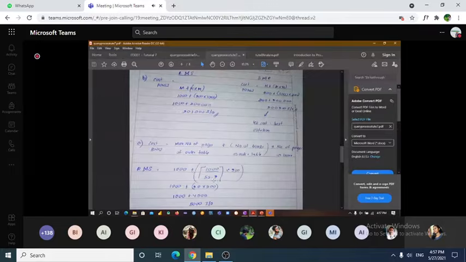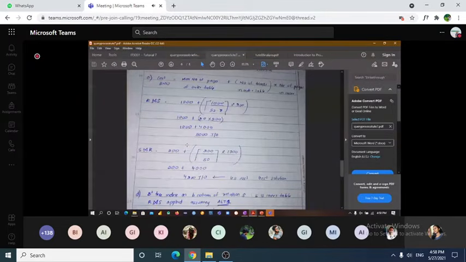And I told you buffer size means you can't use the whole size, you subtract 2 from that, only that amount of pages are used for storing. So the ceiling of 1000 divided by 50, into the number of pages in the inner table. Finally you'll get this as the cost. Once you revise it once, you can definitely remember this equation. If it is very direct, use this equation, that's easy. Or else if you know the concept, whatever they give, you can manipulate this equation in the way you want.